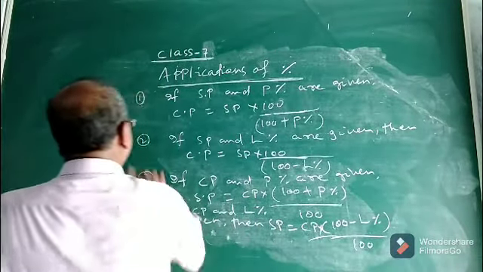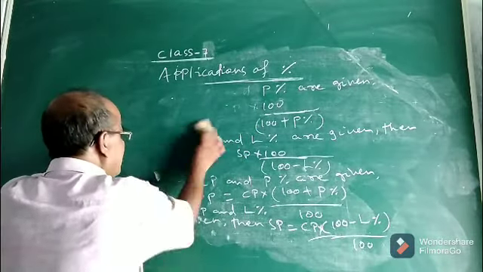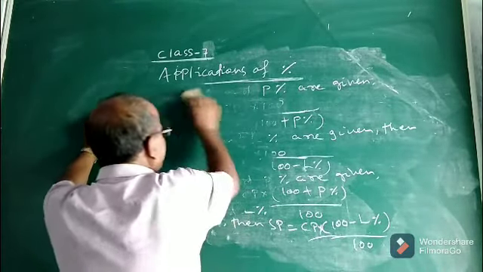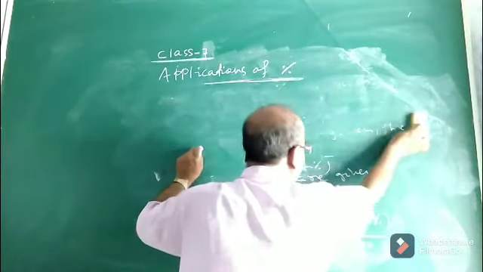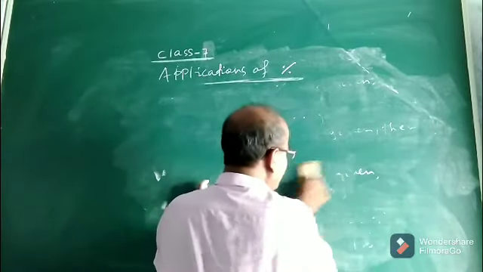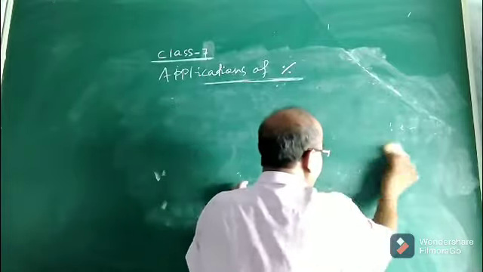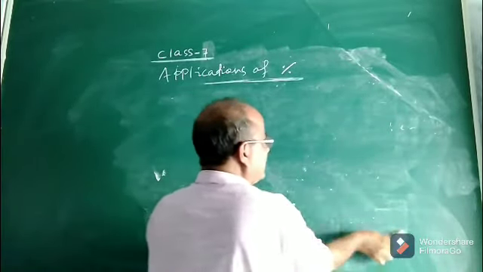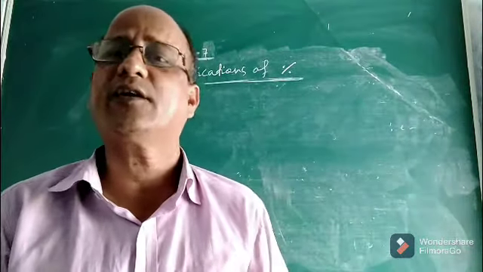Children, you know that we keep money in the bank, post office, and in other financial organizations, like your LIC. There are so many financial agencies where we keep money. And why do we keep money? We keep money for different reasons, and one of the reasons is to get some extra amount, that is your interest.